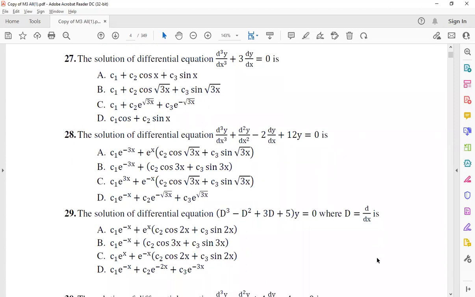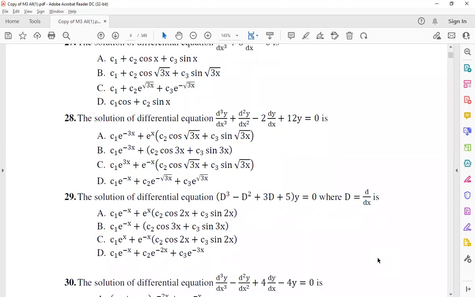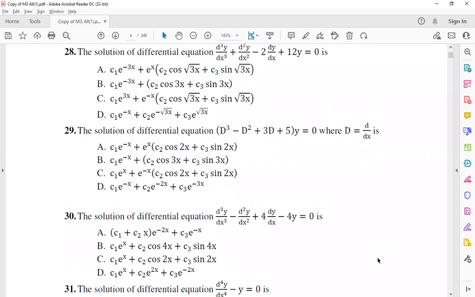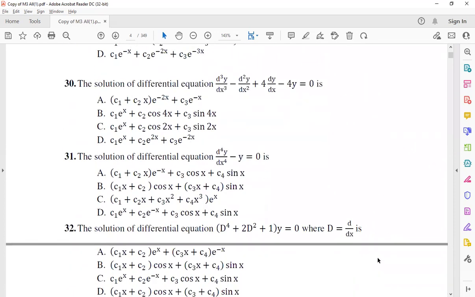All are understanding this except DSI? Yes, ma'am. Good. Solve the next. I think 30. Go with 30. 1 plus minus 2i.